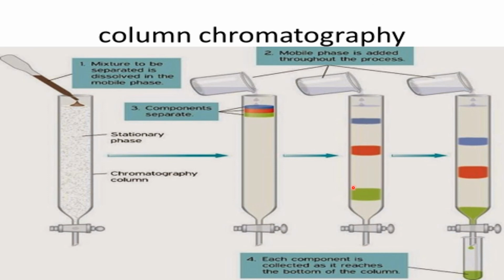We are constantly providing the mobile phase, which is the liquid in this case, and then it is eluted, and the component which has more affinity with the mobile phase will be eluted first, will come out first, and the one which has affinity with the stationary phase will be eluted last.